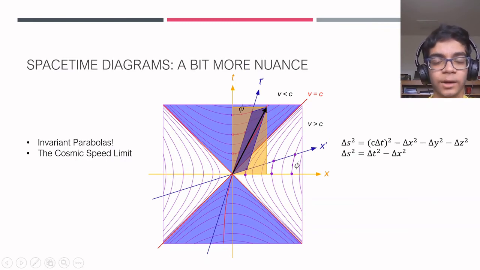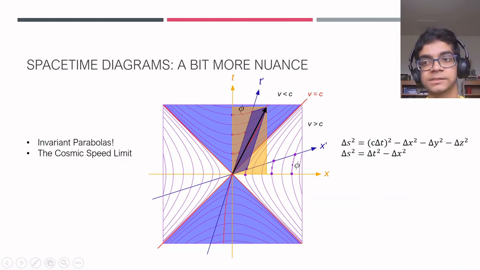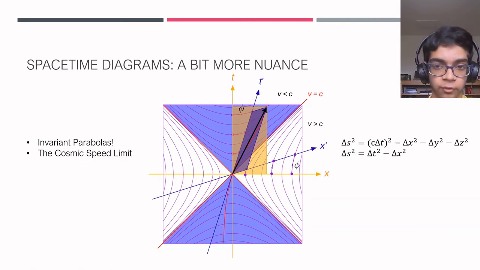So when we do that, some constant equals delta t squared minus delta x squared, which is actually the shape of a hyperbola, which is exactly what you can see in the curves right here. And because this means that our interval is invariant, the curves associated with a specific space-time interval are known as invariant hyperbolas.